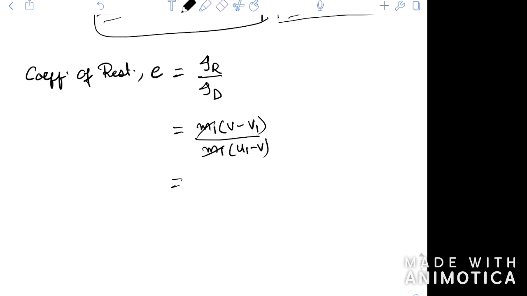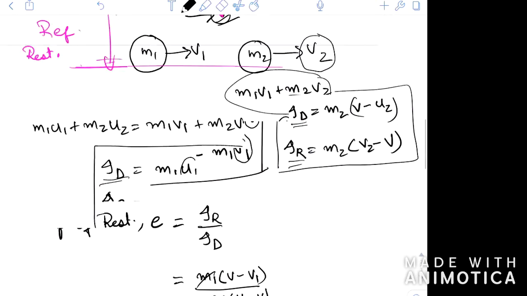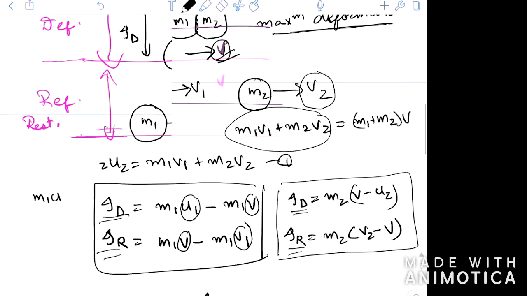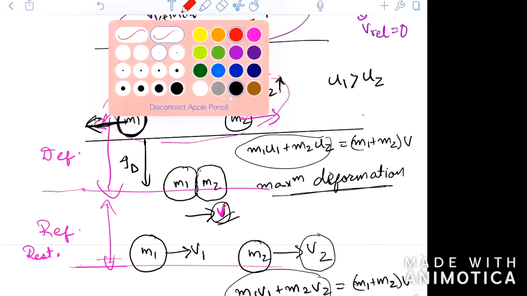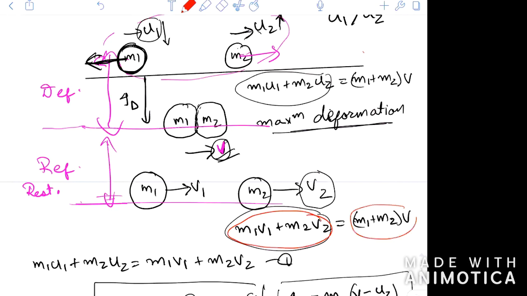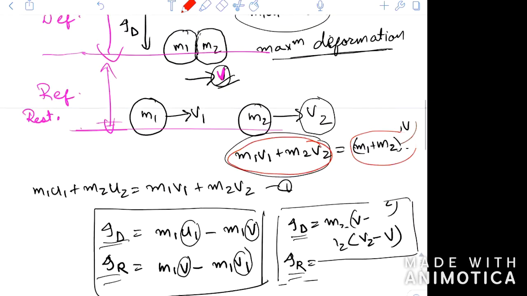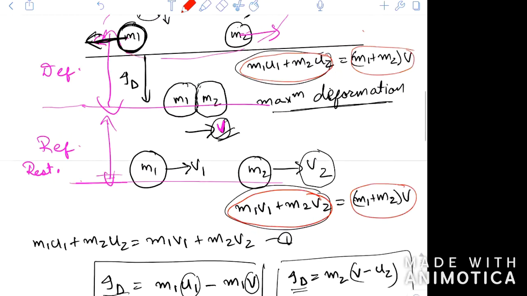Now you can substitute the values. In the numerator you should substitute the value in terms of v1 and v2, and in the denominator substitute the values in terms of u1 and u2. So you can see from the previous equations that we have written, we can use this to get the value of v in terms of v1 and v2, and we can use this to get the value of v in terms of u1 and u2. So just write that here.